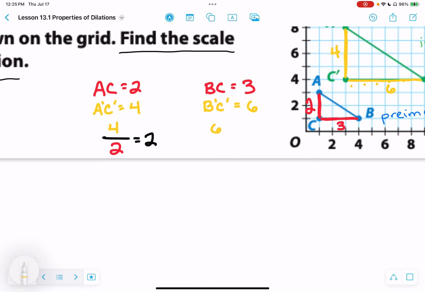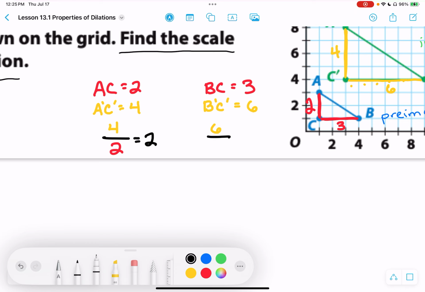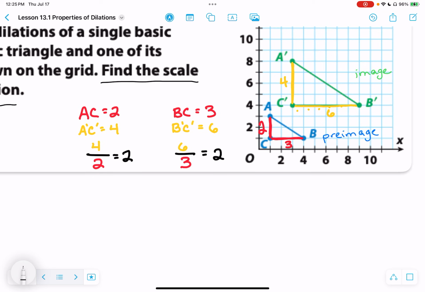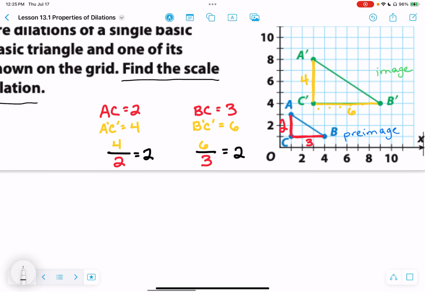B prime C prime is 6, BC is 3, and 6 divided by 3 is also 2, meaning that we took our coordinates for ABC, multiplied all of those coordinates by 2, and that gave us A prime, B prime, C prime.